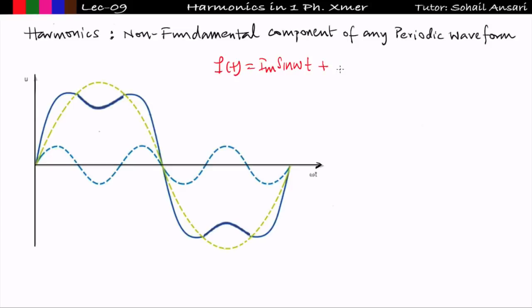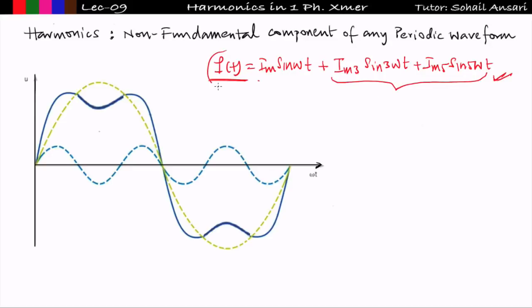If I add some harmonic here, let us say Im3 sine 3 omega t plus Im5 sine 5 omega t, then the resultant i(t) waveform will be distorted. It is not purely a sine wave because it contains the third harmonic, fifth harmonic, means non-fundamental components of any periodic waveform will distort the total current waveform because of harmonics.